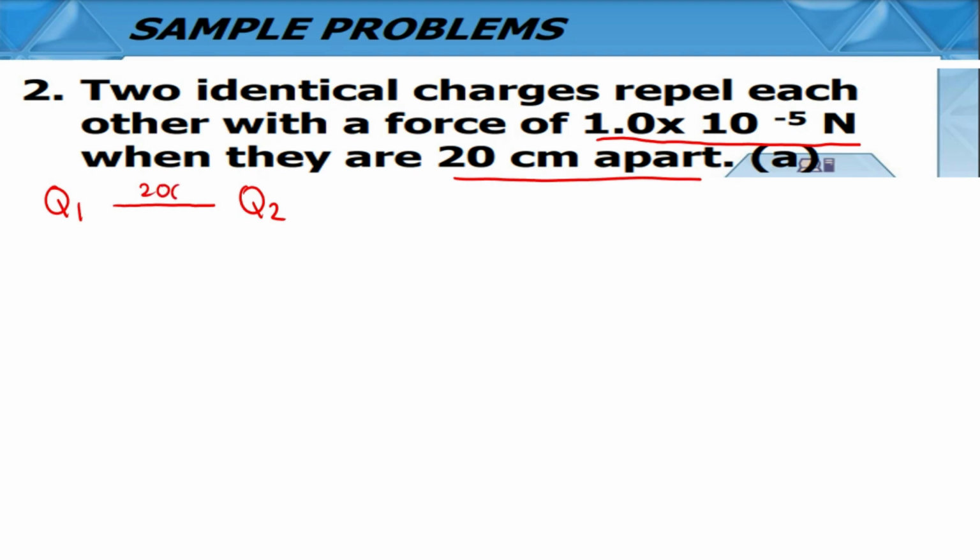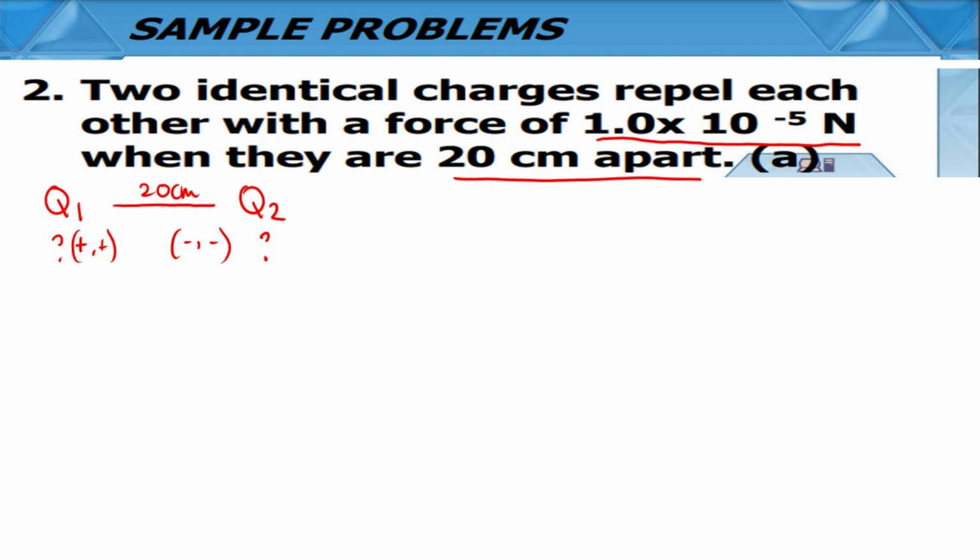But we do not know the value of Q1 and Q2. Since they are identical and repulsion is happening, the value that we can obtain can be both positive or both negative.